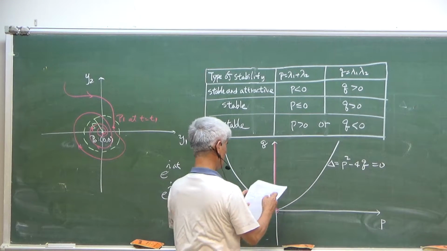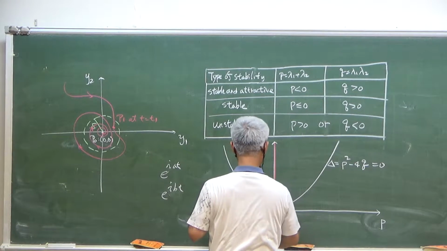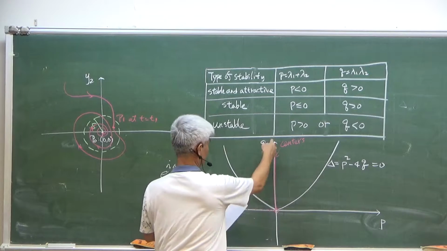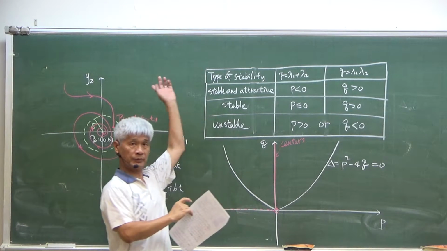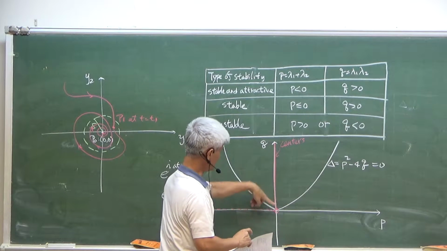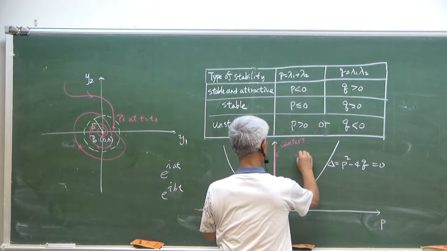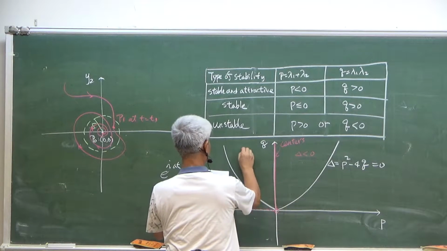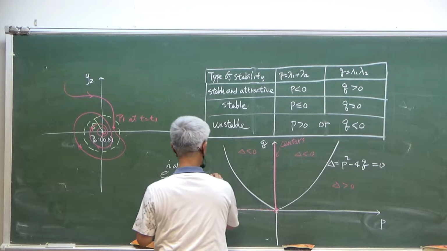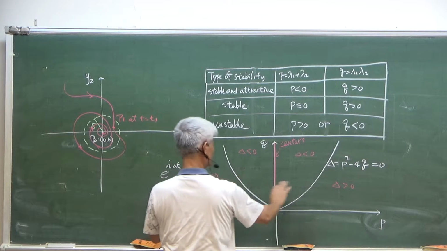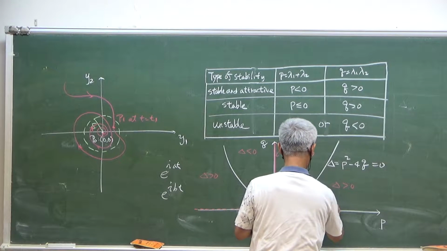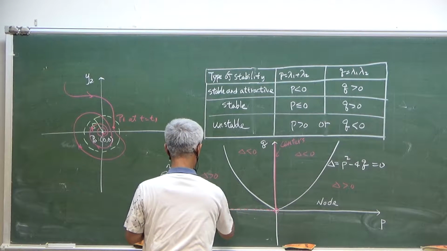Okay? So this part corresponds to centers. Compare with the previous table. Here P is equal to 0, so this corresponds to the centers. And here the discriminant is less than 0, and here it is greater than 0. So now I can say that this is node. You have node here, and node here.